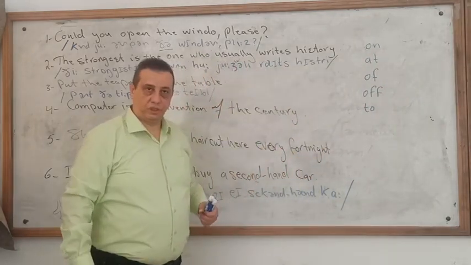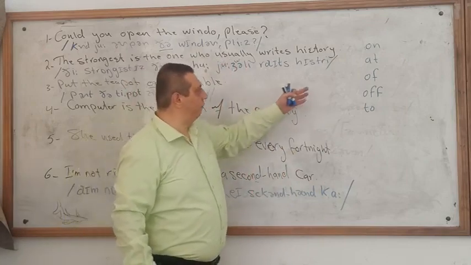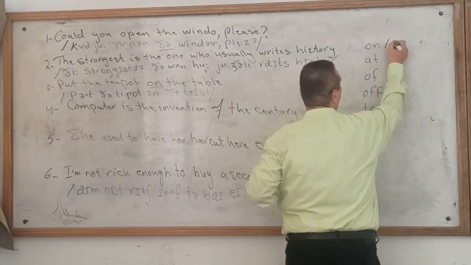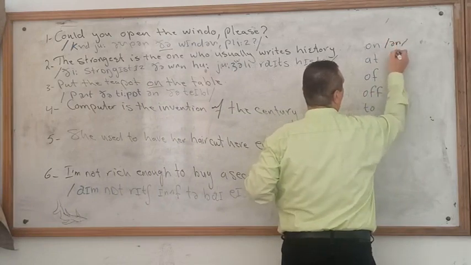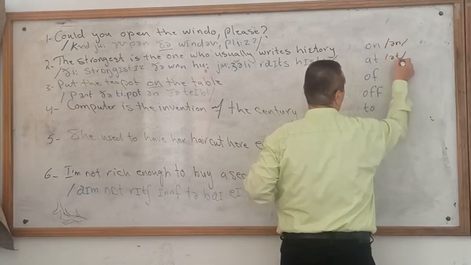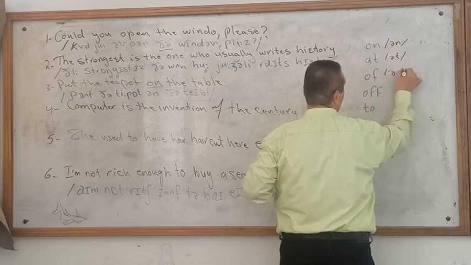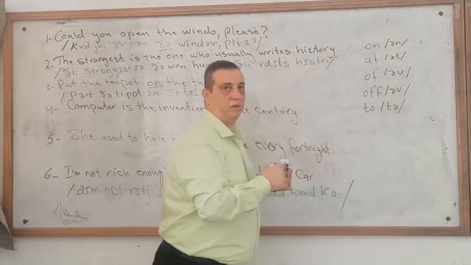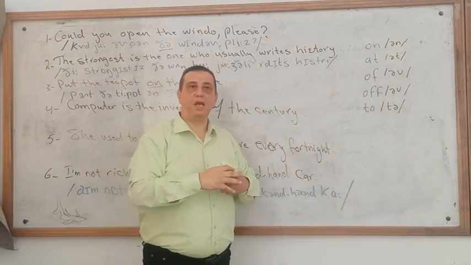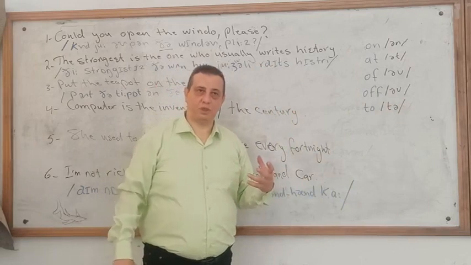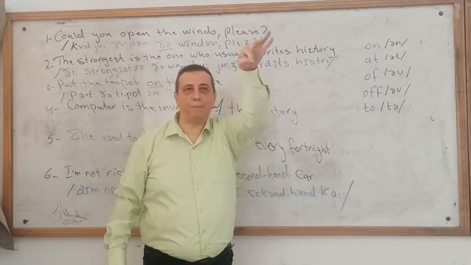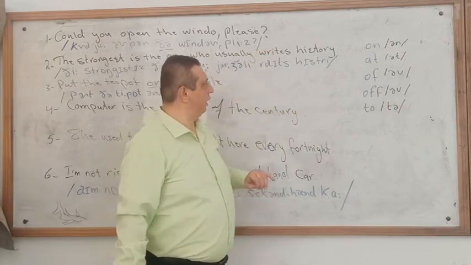These prepositions, when they come as prepositions, we usually transcribe them with the weak form. On, of, to. But when they come in phrasal verbs, or they refer to a place, like this is the school that I used to go to.